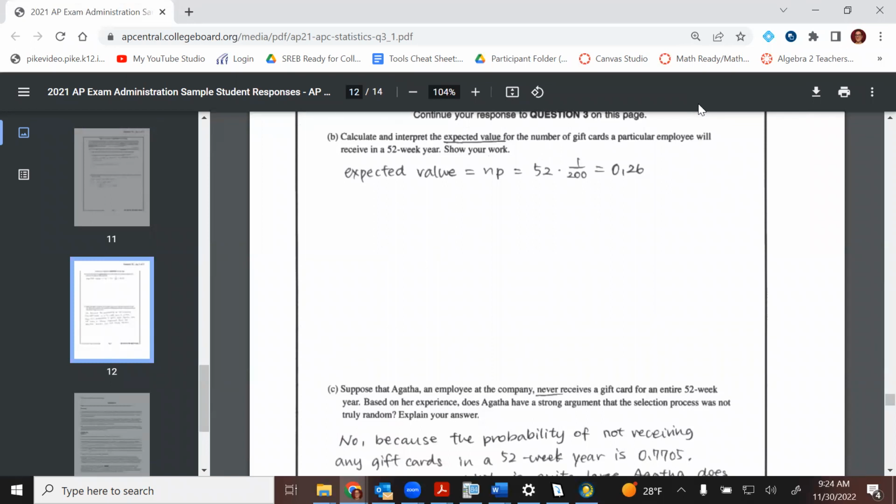Expected value. Calculate and interpret the expected value for the number of gift cards a particular employee will receive in a 52-week year. Did they come up with the correct value?